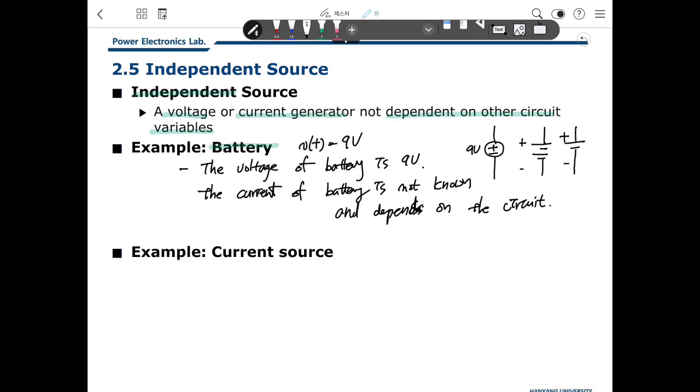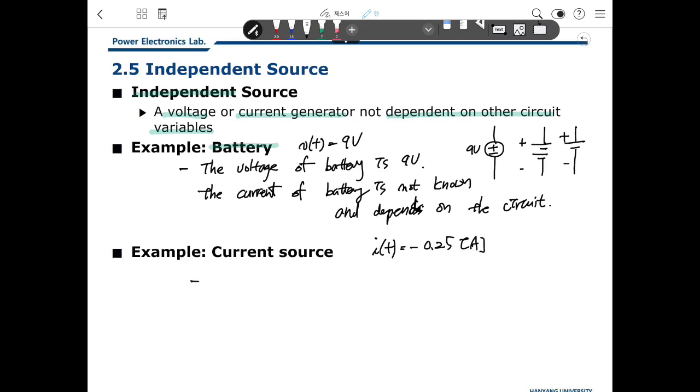In the case of a current source, we can write the current source in this way. i(t) is minus 0.25, and the unit is amps.